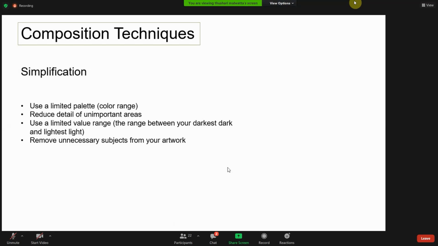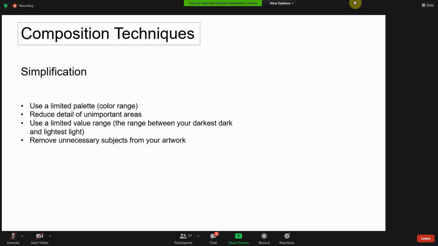Okay, then we'll move on to composition techniques. With these composition techniques, you can practically use them in your work. So, the first technique is simplification.